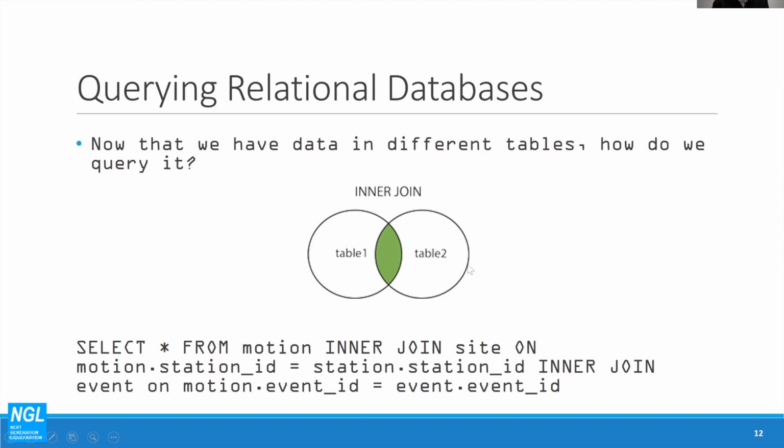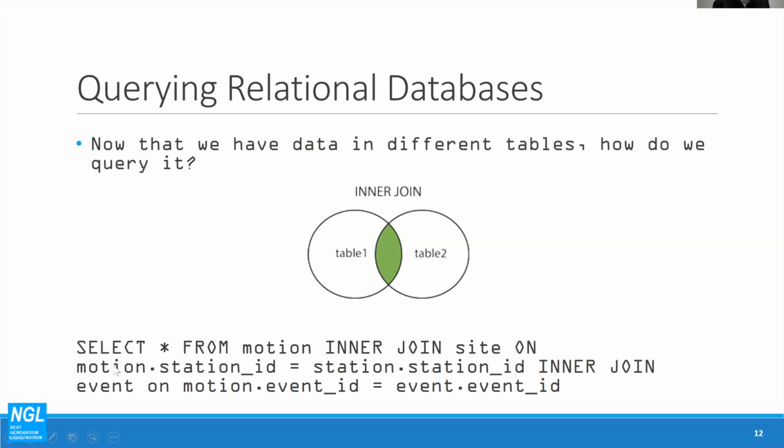If you wanted all of table 2 and then just the table 1 information that intersects, you could do a right join. And then some database management systems allow a full outer join where you would have all of the information from table 1 and table 2, and there would be an intersection where certain fields would be populated and then they would be blank in a lot of other places.